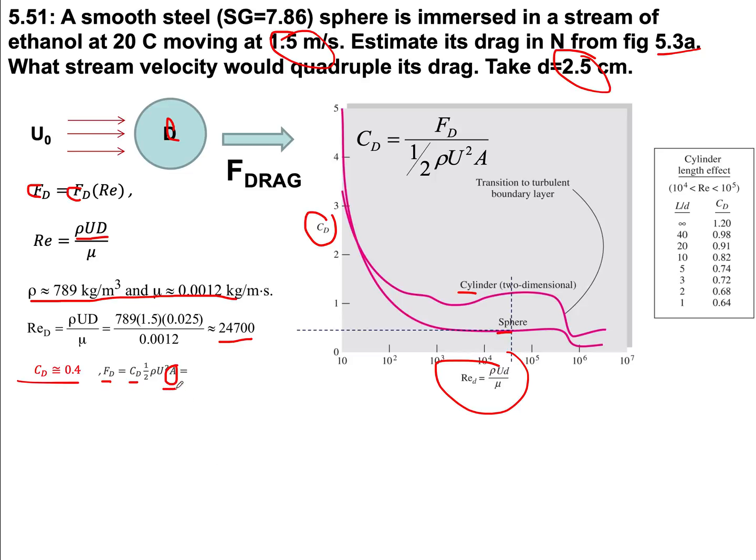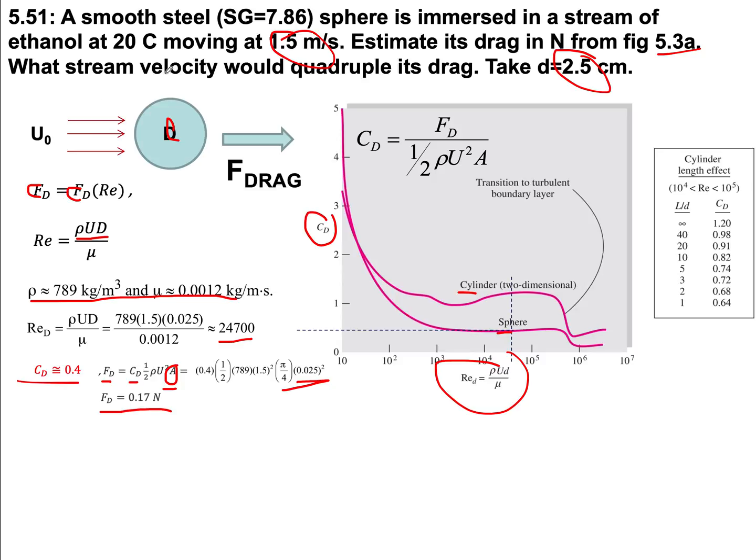Here we're talking about the area, and that area is the frontal area of the sphere, or the projected area. So we plug in numbers. We have the CD of 0.4. We have the density and the flow velocity and the frontal area, the pi r squared. So that's the frontal area we're talking about. So you get a small force of 0.17 newtons.